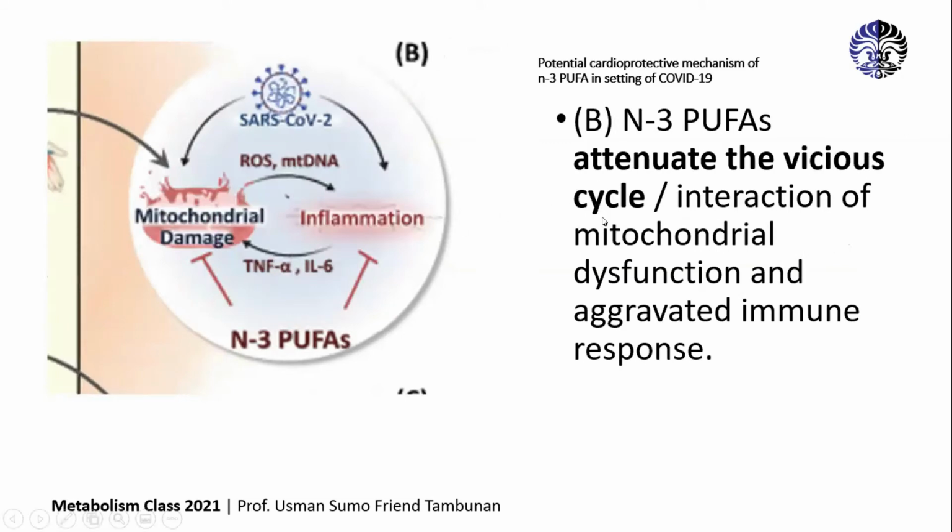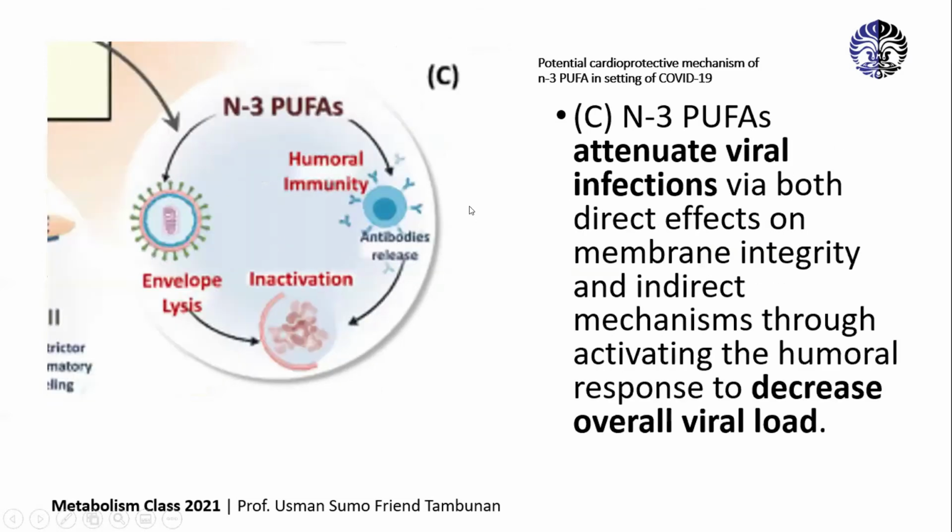And then n-3 PUFA will attenuate the vicious cycle or interaction of mitochondrial dysfunction and aggravated immune response. So n-3 PUFA will inhibit mitochondrial damage and inflammation. N-3 PUFA also attenuates viral infection via both a direct effect on membrane integrity and an indirect mechanism through activating the humoral response to decrease viral load.